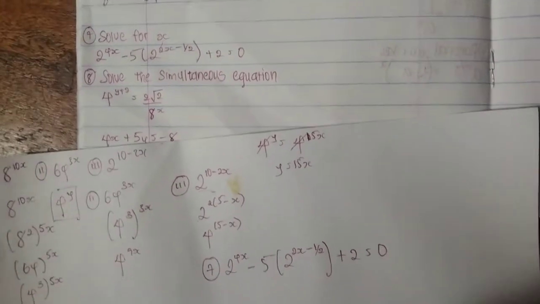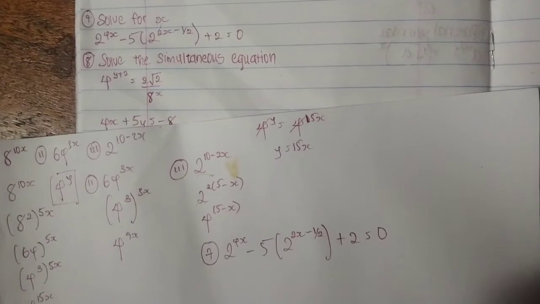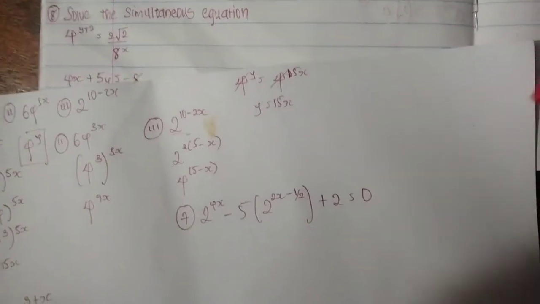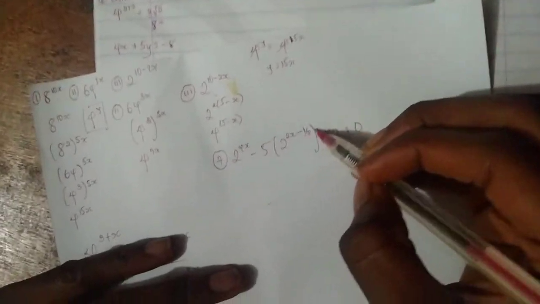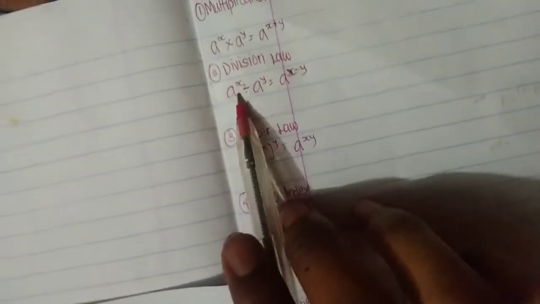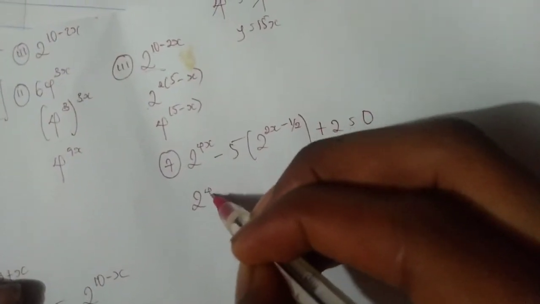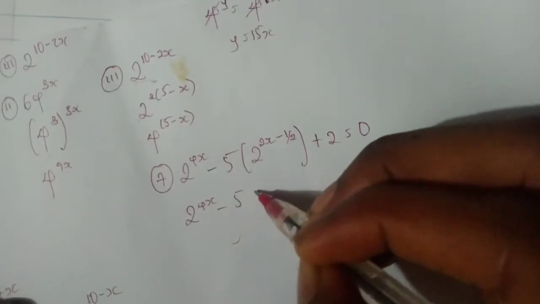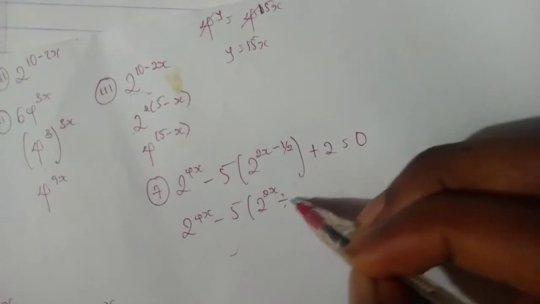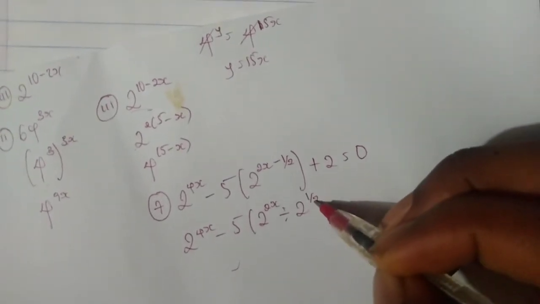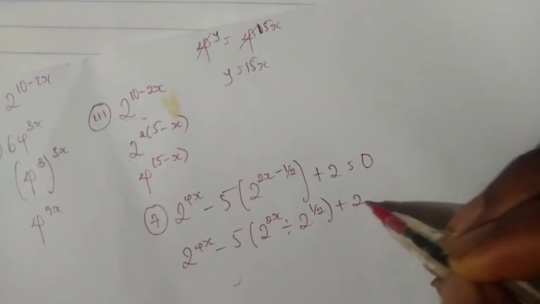So what do they have in common? What can we do? Okay, I'm seeing a power of minus 1 over 2. From the division law, I can write it in this form. So I can have 2 to the power of 4x minus 5 bracket 2 to the power of 2x divided by 2 to the power of 1 over 2, plus 2 is equal to 0.